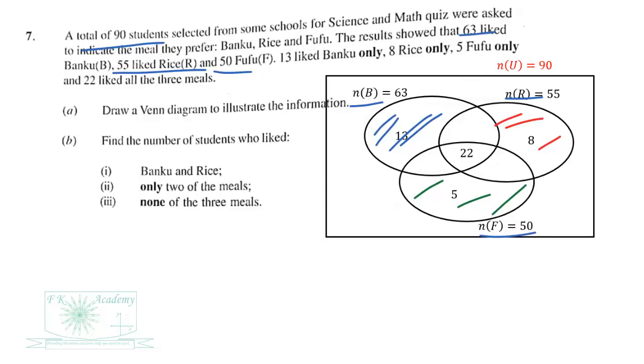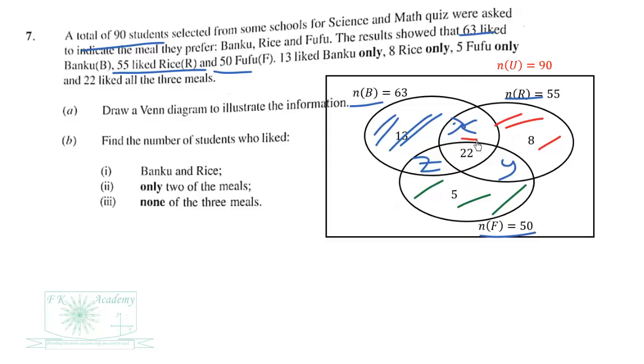So we are done drawing the Venn diagram. Now we can use this diagram to actually find the missing values here. So let's call these x, y, and z. When we take the set for Banku, we can add x to z.